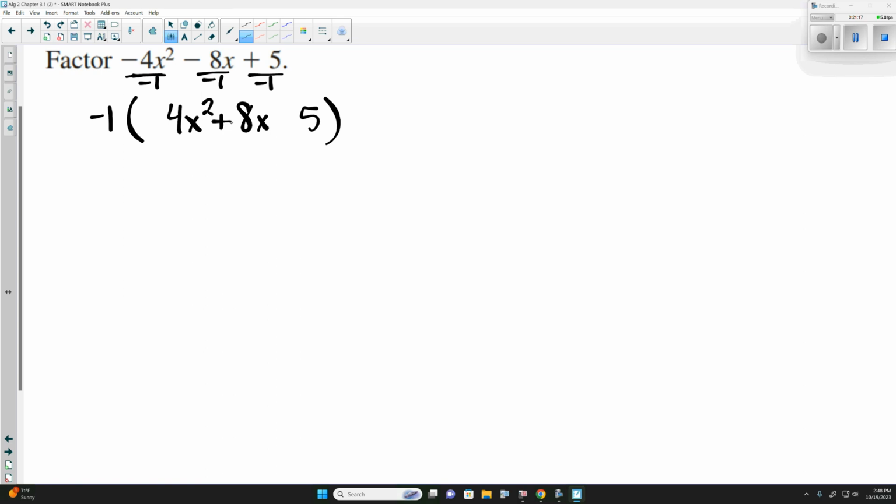And when we divide 5 by negative 1, it becomes negative 5. Everything else stays the same. Now, we don't necessarily have to write the 1. We can just write the negative sign. That will do the same thing. But if you want, we can still write it as negative 1. Either way works.